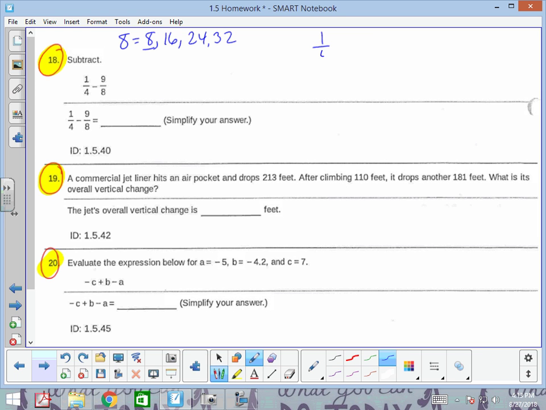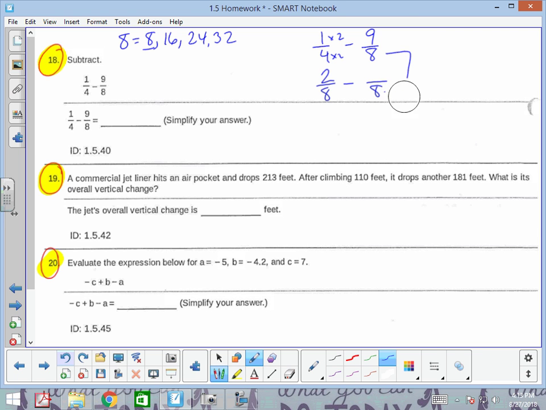I'm going to rewrite the problem. When I divide the LCD by the first denominator, 8 divided by 4 is 2. So I'm going to multiply by 2 on bottom and also on top. When I divide the LCD by the second denominator, I get 1.